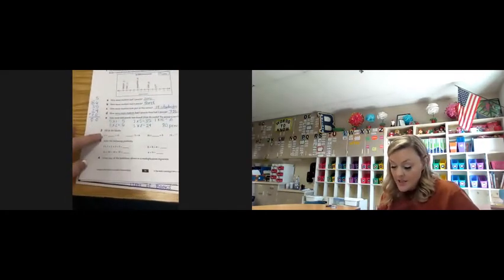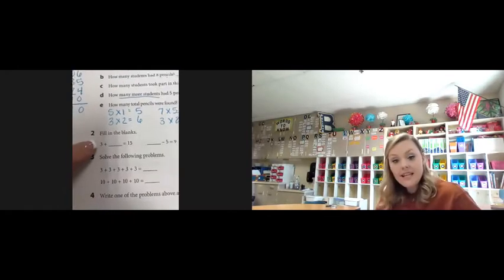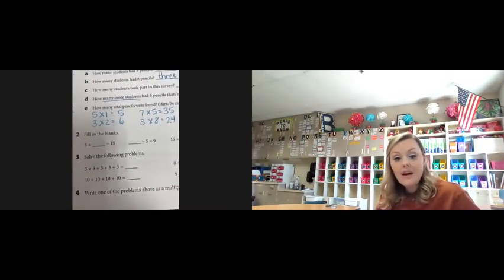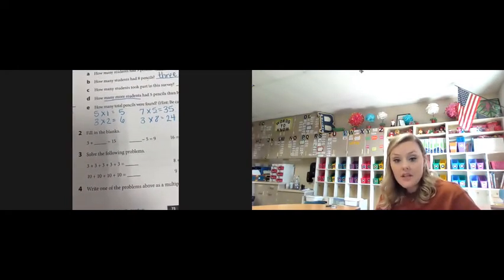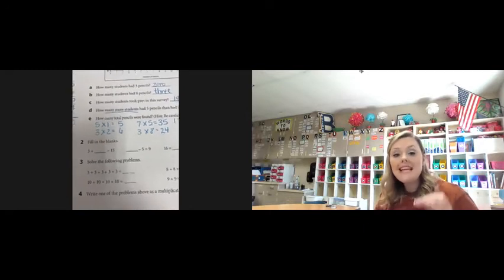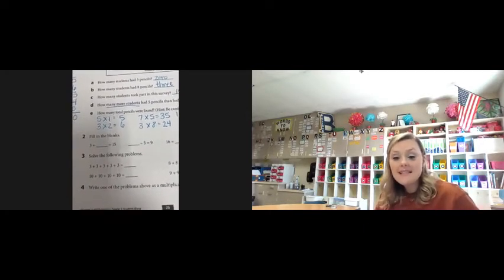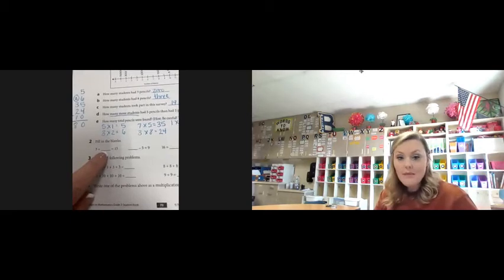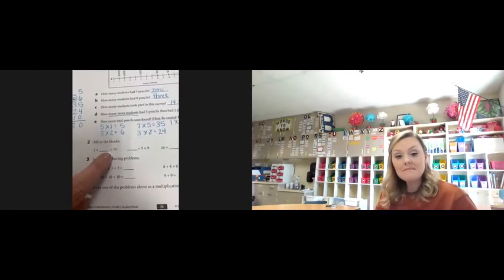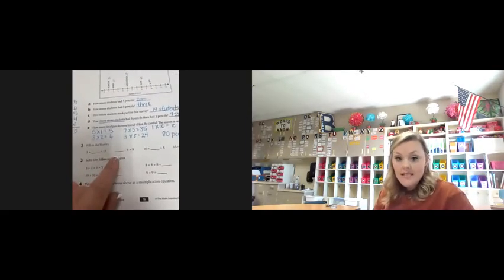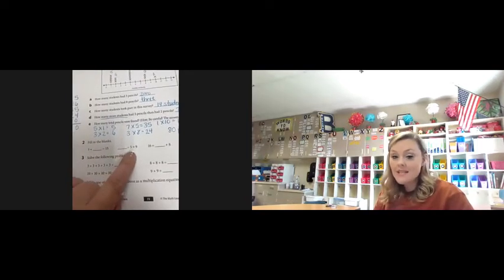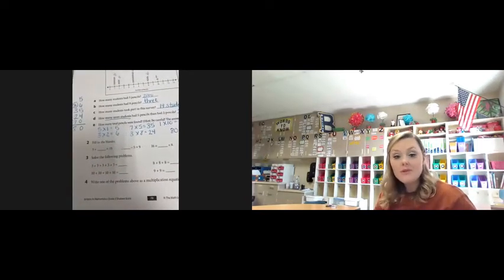So for section 2, you're going to be looking at these equations and figuring out the missing number. Remember that the equal sign means the same as, so you want to make each side the same. So 3 plus how many more is 15? Something minus 5 is equal to 9. Use your fact family to help you solve this.